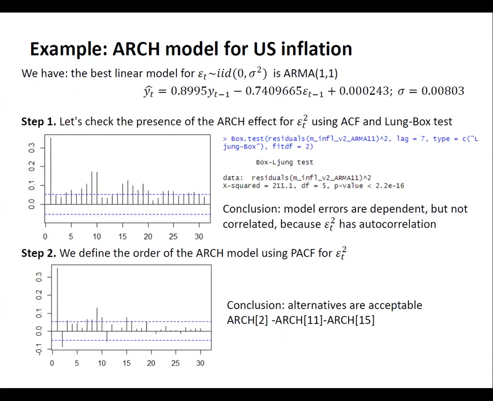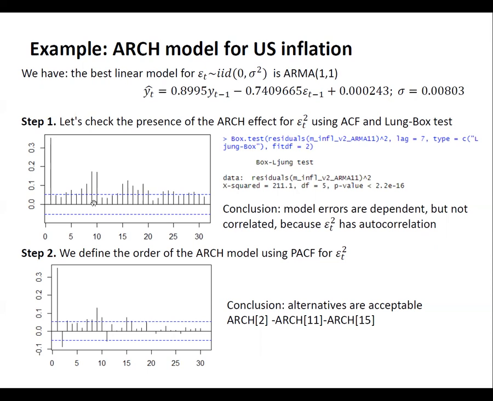Now we know from the lecture that this is not entirely correct, because apparently there is an ARCH effect. Let's test this ARCH effect for epsilon squared using the autocorrelation function. Here we have the autocorrelation function. It can be seen that the first lag is correlated. The 7th, 9th, 10th lags are significantly correlated.